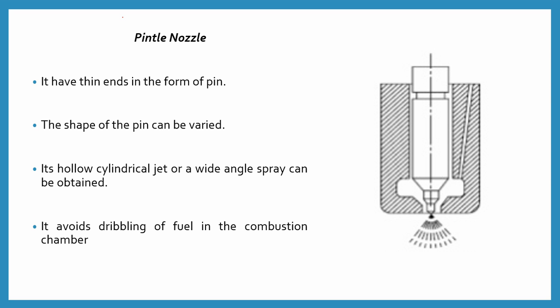So this Pintle nozzle has a thin end in the form of a pin, and the shape of the pin can be varied. That's why this nozzle is known as a Pintle nozzle.